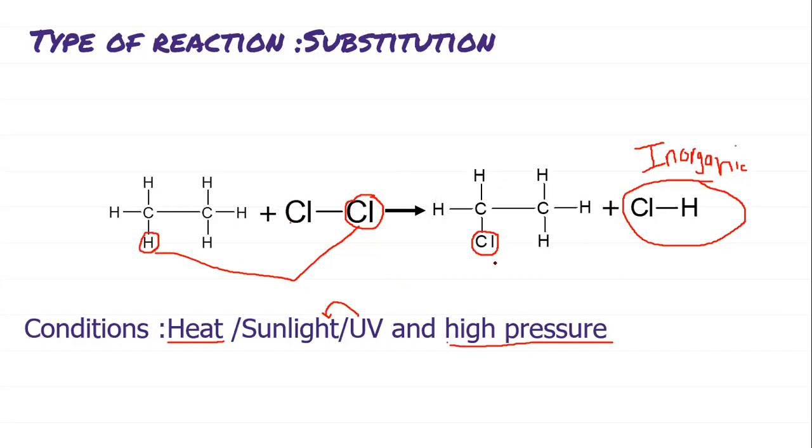So what does this tell me? As a learner, you need to do your rough work on your paper somewhere and indicate it clearly as rough work, where you try and determine the product. And when you have the product, only then can you tell me to which homologous series that product belongs.